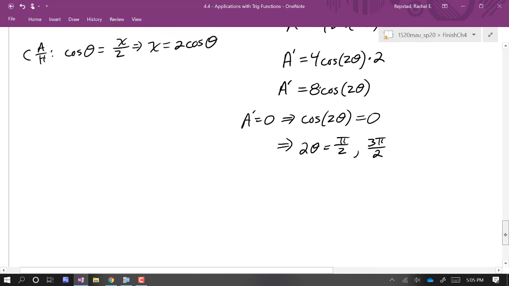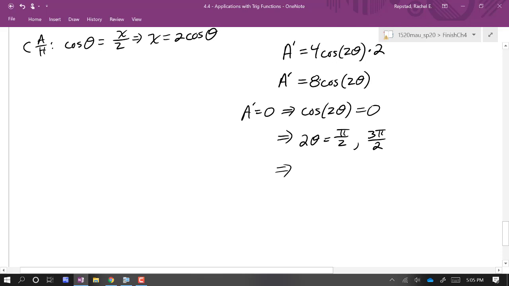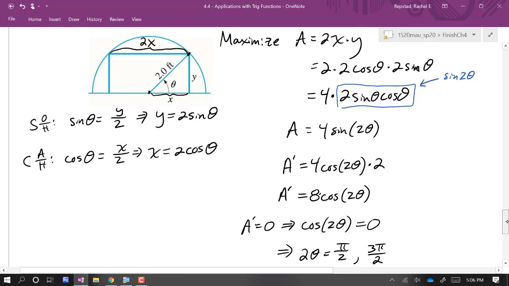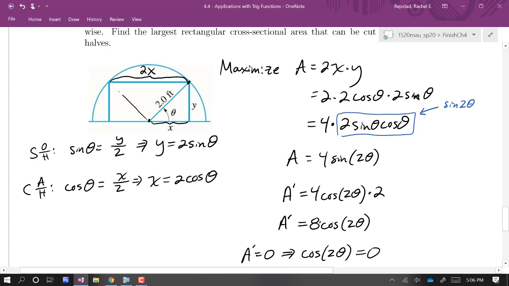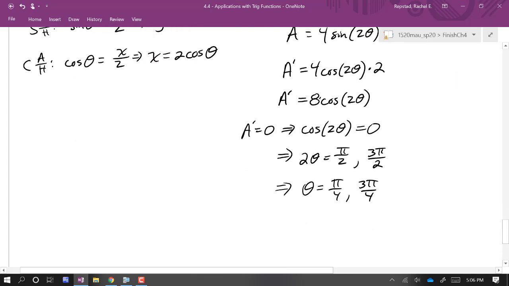So the values of 2 theta, pi over 2 and 3 pi over 2, produce theta equals pi over 4 and 3 pi over 4. And 3 pi over 4 is just the mirror image of pi over 4 in the second quadrant. So these 2 angles actually produce the same cross section.